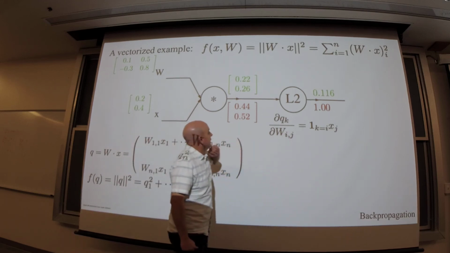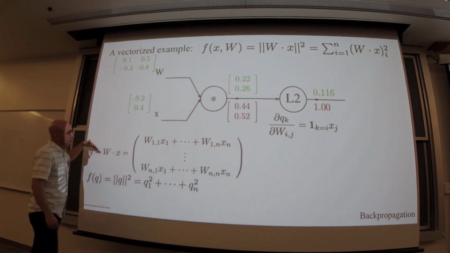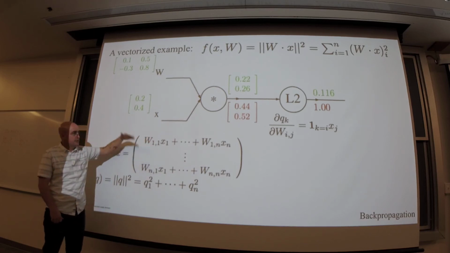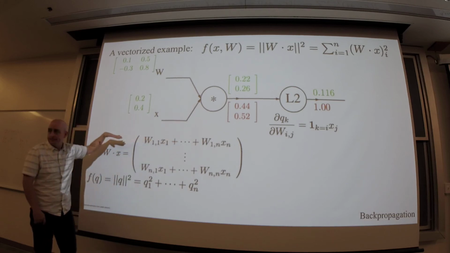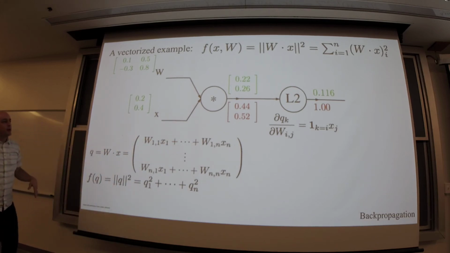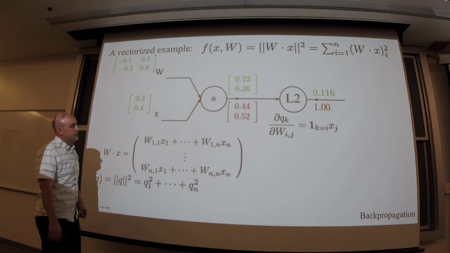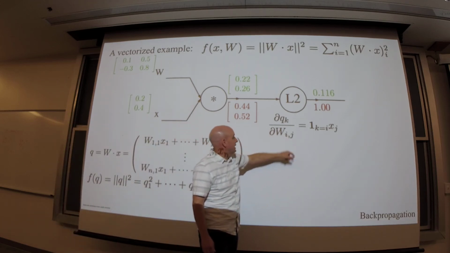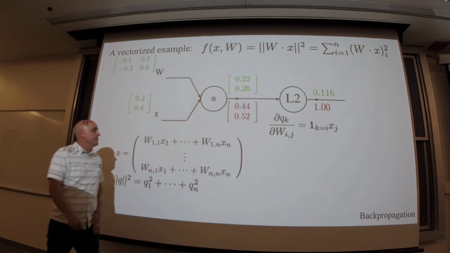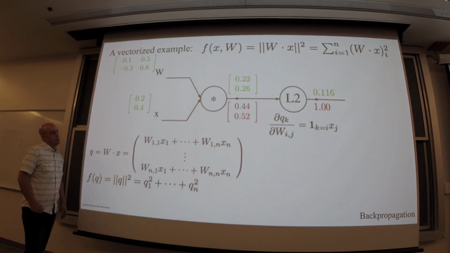Okay, so let's think about this. So this is what Q looks like. Let's say k is equal to 1, so we're just concentrating on the first row here. Let's take the partial derivative of that with respect to W11. So what do I get?